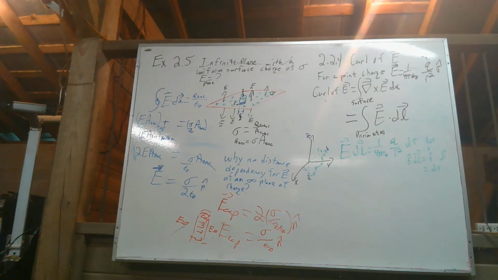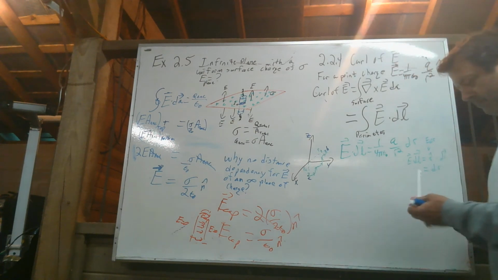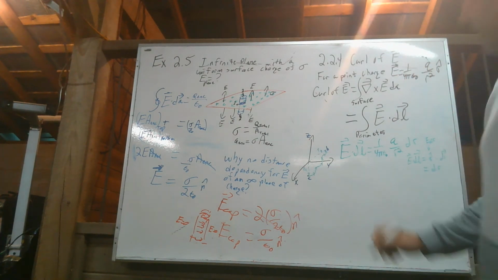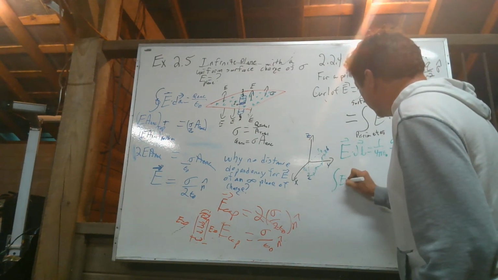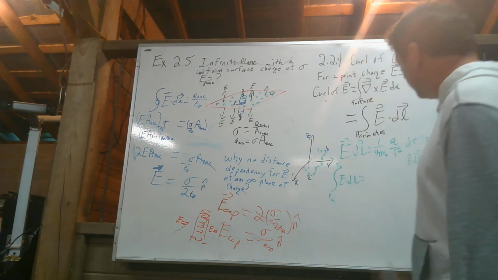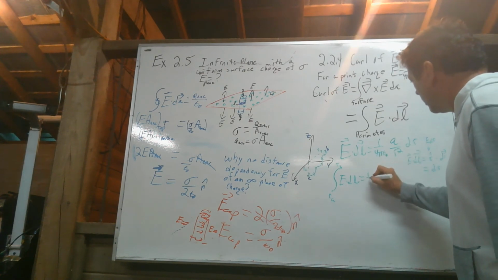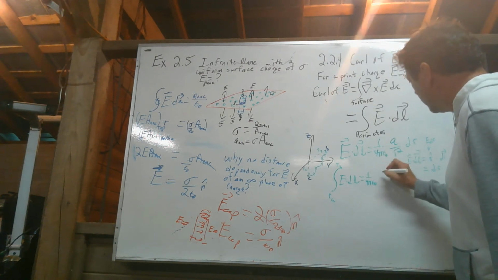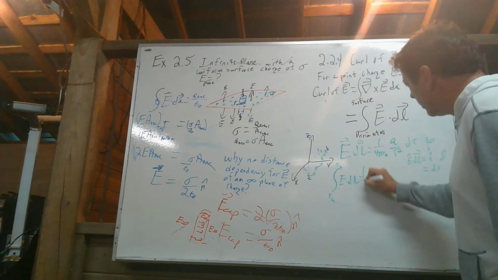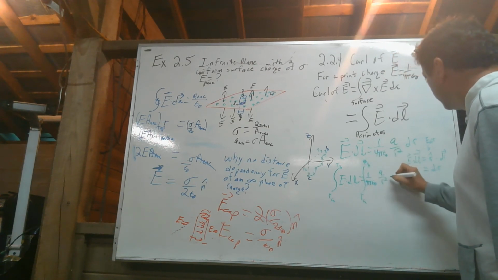Okay. Now if we do that, what are we going to get? Well, when we integrate this from r sub a to r sub b, it's just going to be equal to 1 over 4 pi epsilon naught q over r squared dr, from r sub a to r sub b.